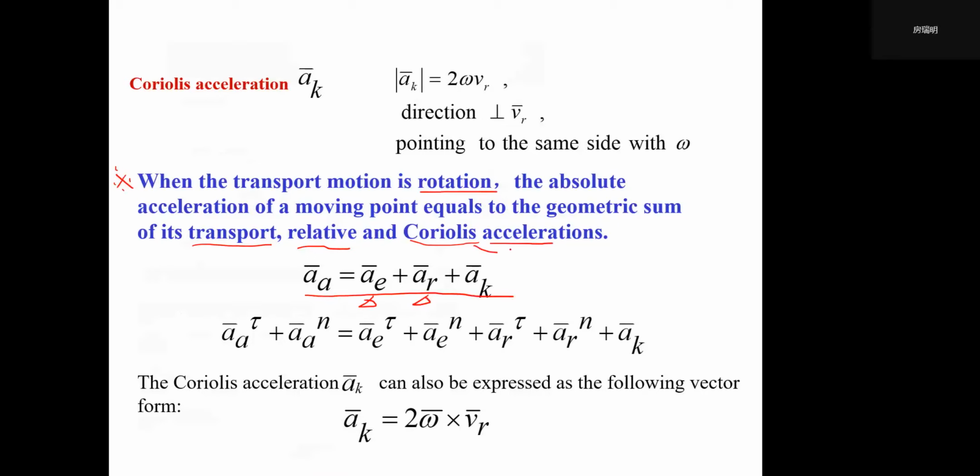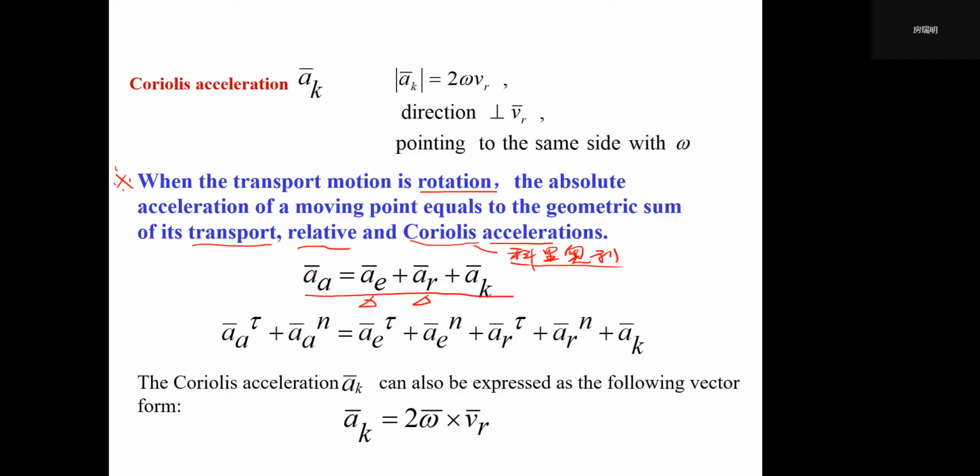Actually, we Chinese always call that 科里奥利. This is a famous scientist, maybe from Australia, maybe not correct. 科里奥利 is just some guy's name, because this guy first discovered this 科氏加速度.